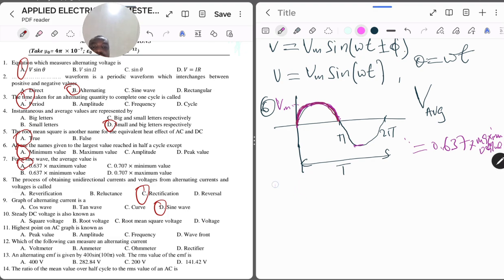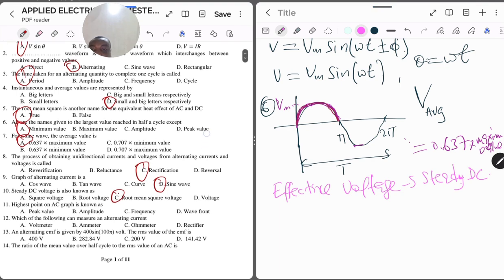Effective voltage, which is the same as steady DC. And effective voltage is another name for what? Root mean square value, right? Root mean square value. So the answer for question 10 is going to be C, root mean square value.